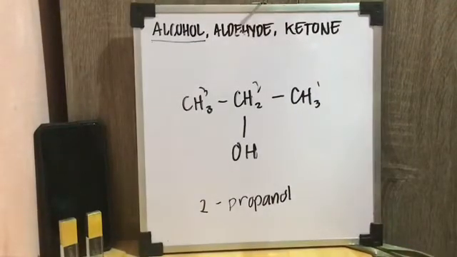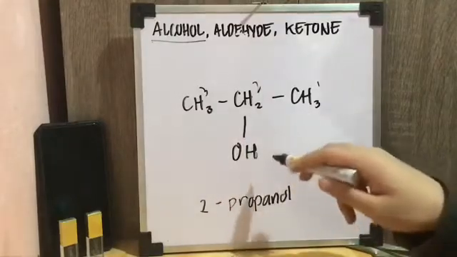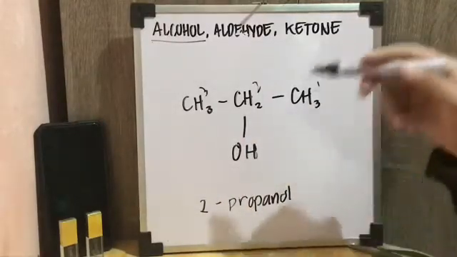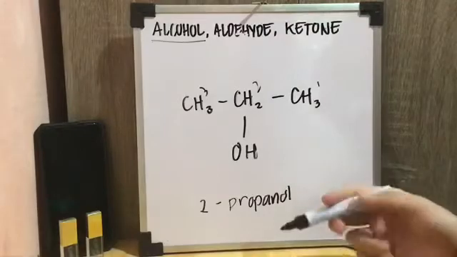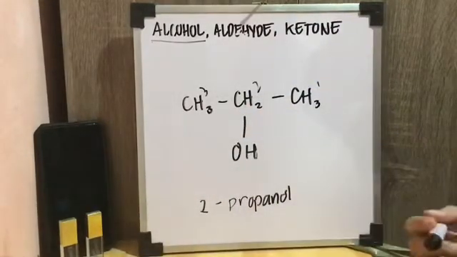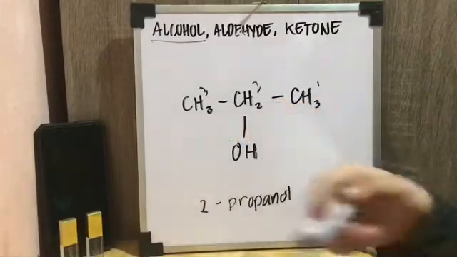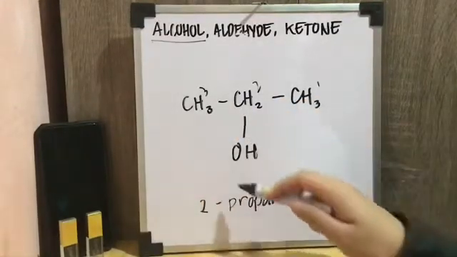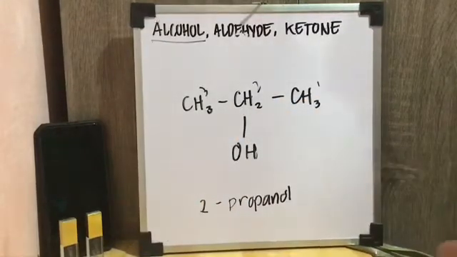So now we name it as 2-propanol, 2 being the carbon to which the hydroxyl group is attached. Prop, since there are 3 main carbons in the mother chain, and as it is connected by single bonds, and "-ol" to signify that there is a hydroxyl group attachment.